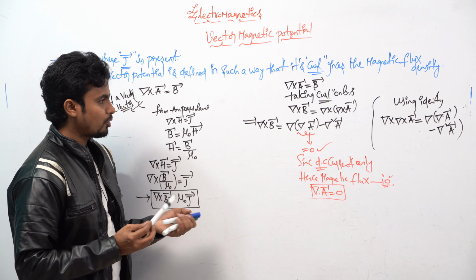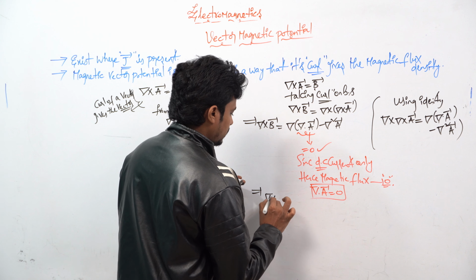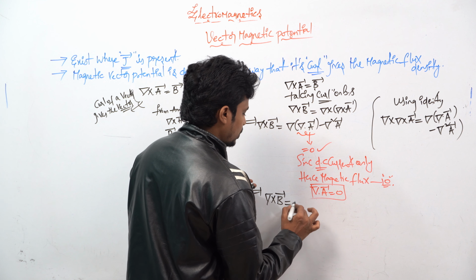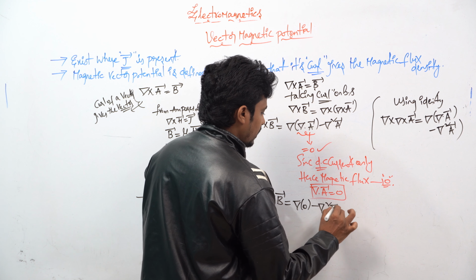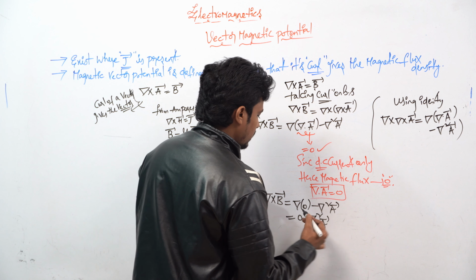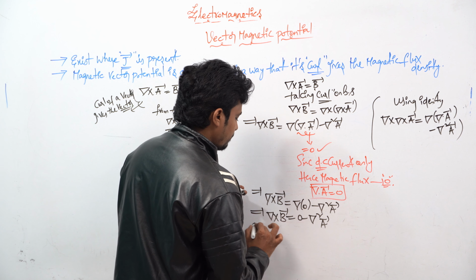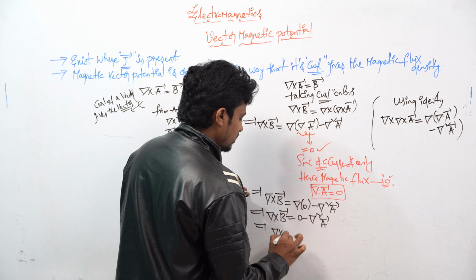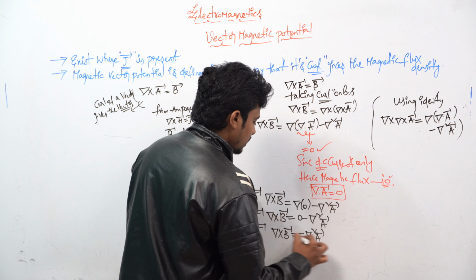Here you can see how you can write this. So here this will become del cross del cross A bar, that is equal to del into 0 minus del square A bar. So this is 0 minus del square A bar. So here this is del cross B bar, that will be equal to minus del square A bar.